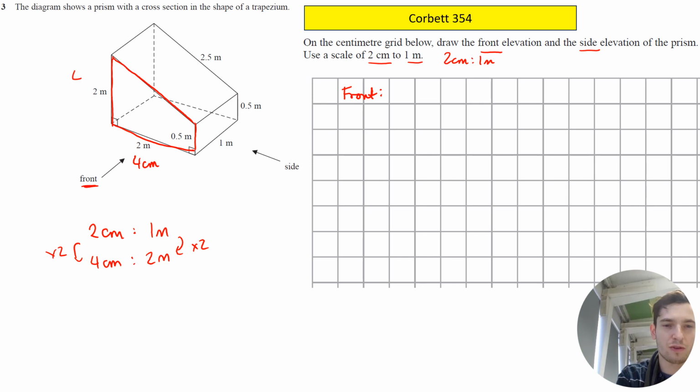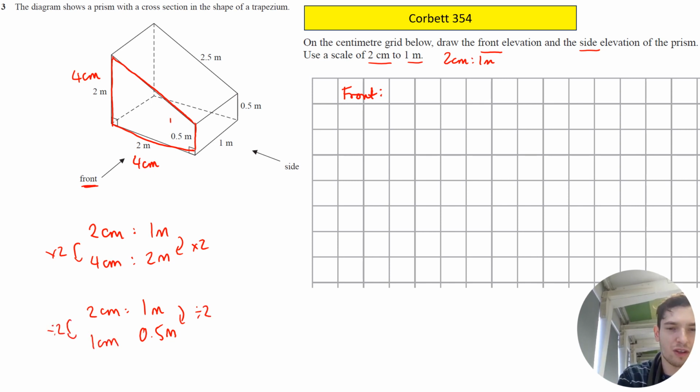And so is this 4 centimeters here. And using a similar logic, 2 centimeters to 1 meter, that's my scale. Well, what's 0.5 meters going to be? Well, I think I divide by 2. So that is 1 centimeter.